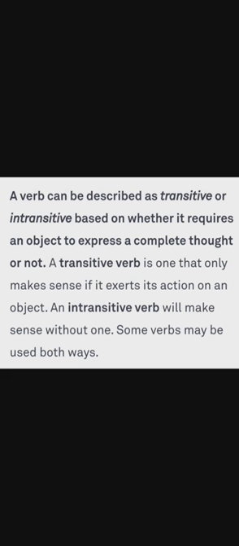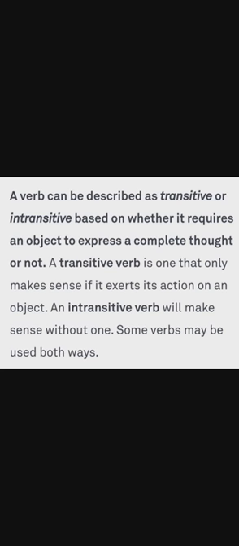It remained with Ram. So now play will become intransitive. As it is written here, an intransitive verb will make sense without an object. Some verbs we use both ways. I think it is the best example. Ram plays football: play has been used as a transitive verb, and play has also been used as an intransitive verb.